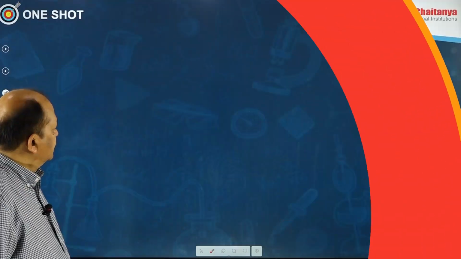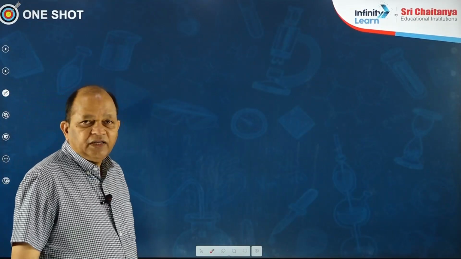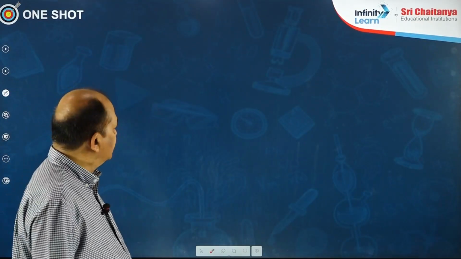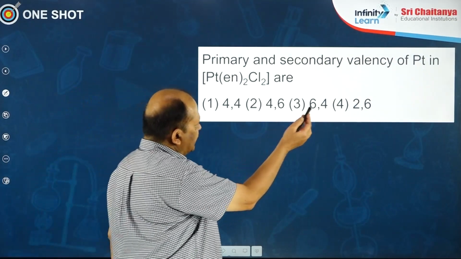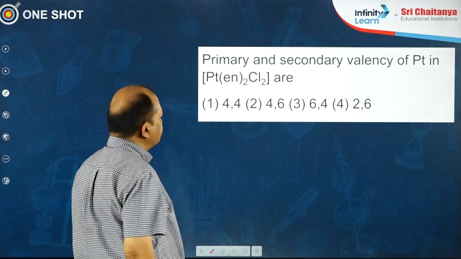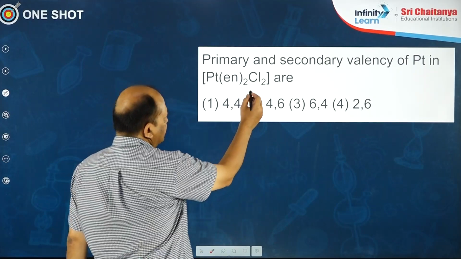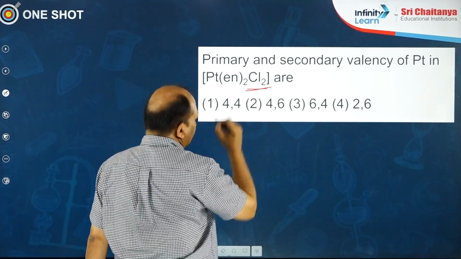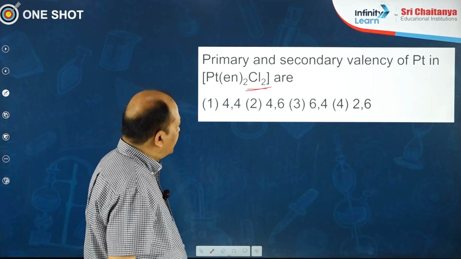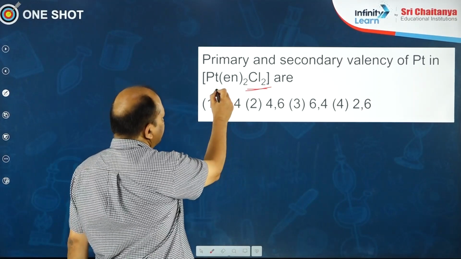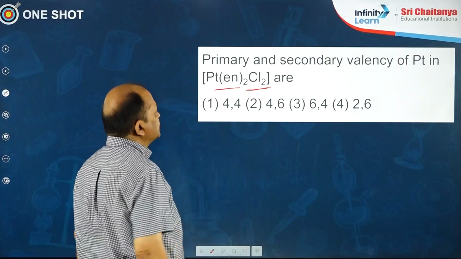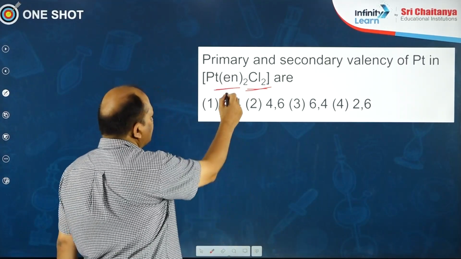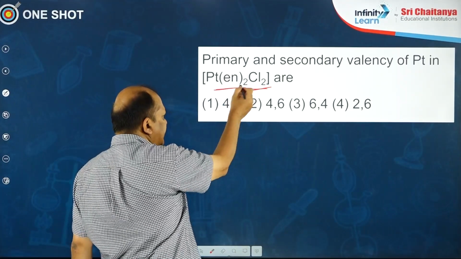On Werner's coordination theory, you can get questions like this. Primary and secondary valency of platinum, he is asking, in a complex. Here the chloride ions will satisfy the primary valency, and ethylenediamine and chloride ions both put together will satisfy the secondary valency. Here ethylenediamine is a bidentate ligand.